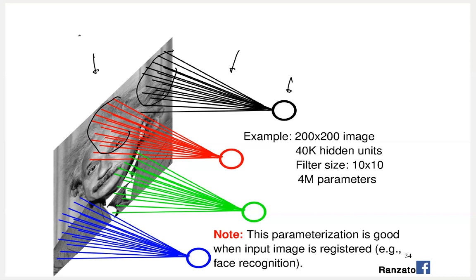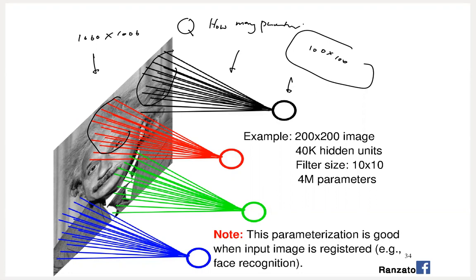For example, say this image is 1,000 by 1,000 pixels, and in the middle layer I have 100 by 100 hidden units. Maybe it's good to pause here. So how many parameters do we have for the original fully connected layer?